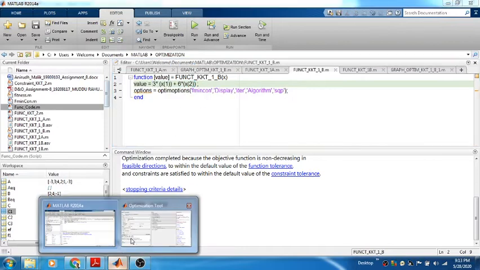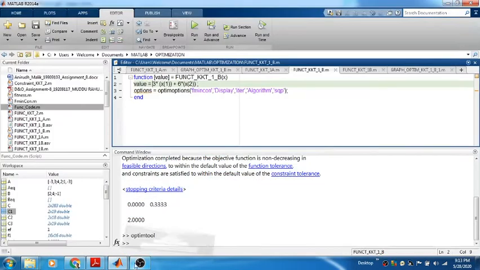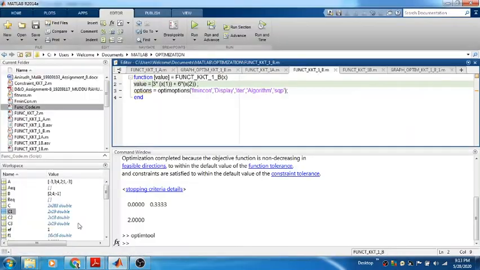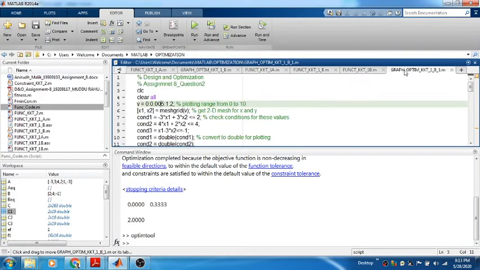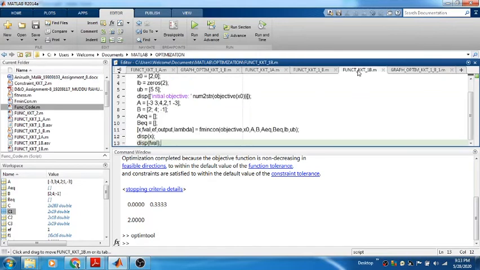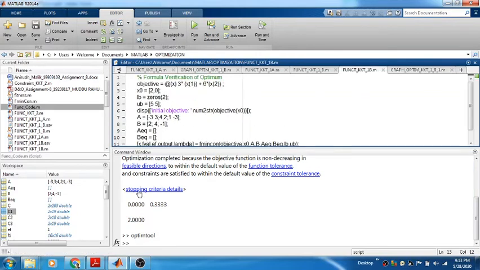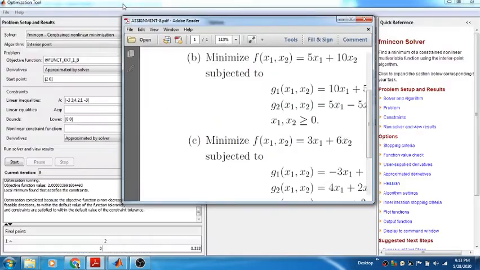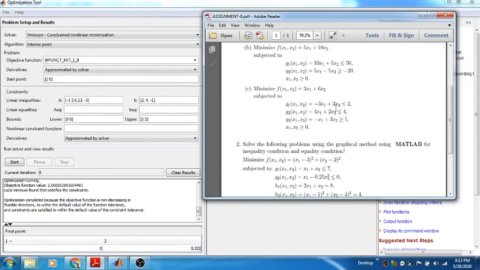Once we write the function, we need a starting point. Whatever I took for the last problem, the starting point was 2 and 0, so I can keep it here, 2 and 0, right? And whatever I told you about a, you have to keep it here in the function.